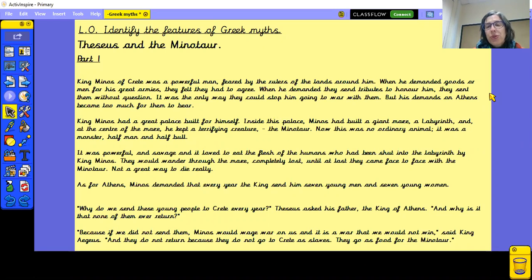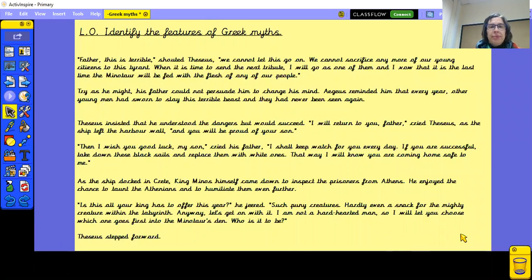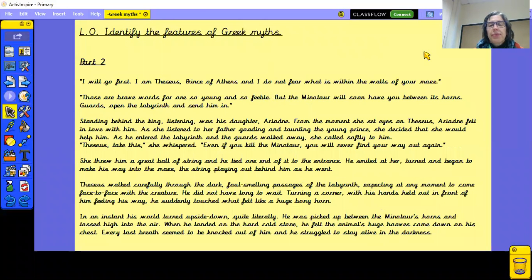Make sure you pause so you've got time to read this page. Same as earlier, just pause so you've got time to read this slide here, slide number 2 of the story. Here we start part 2 of the story, so same as before, just pause the video so you've got time to read what's happening.